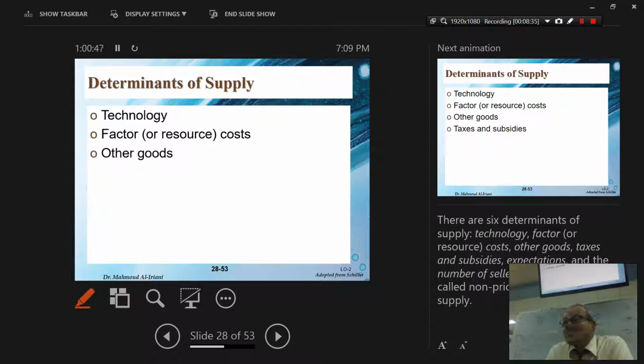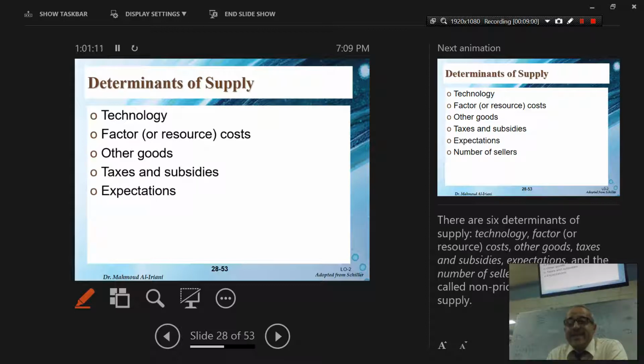Other goods: let's say, for example, there are no more tomatoes, and there are no more fruits. The only thing you have is the mango. So now we need to produce maybe more.